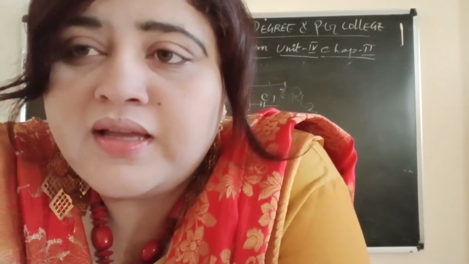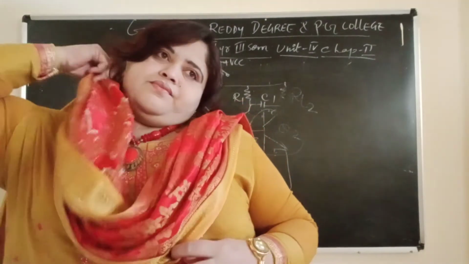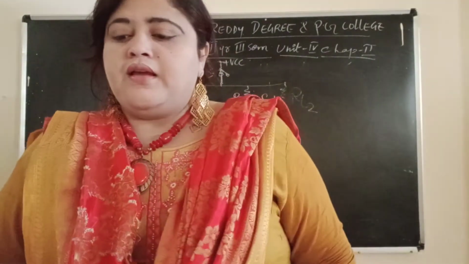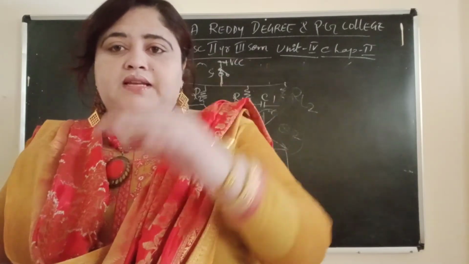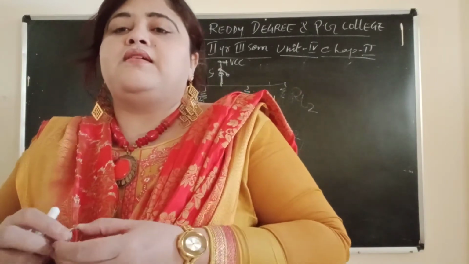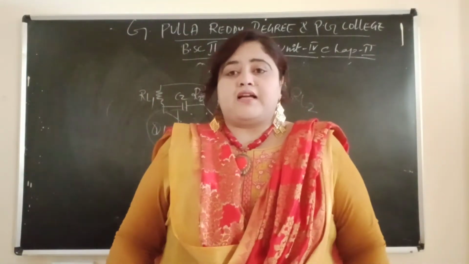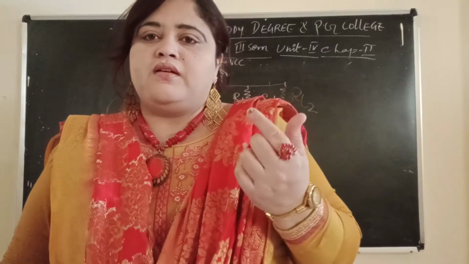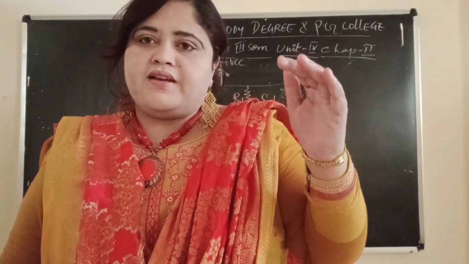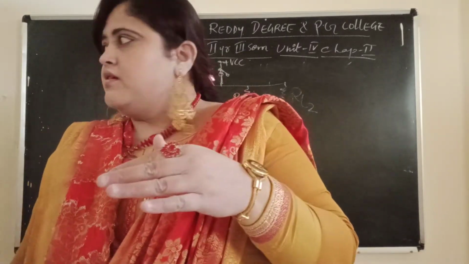When the transistor is off, current will be less and voltage will be high; current will be decreasing and voltage will be increasing. You should remember this situation for all three multivibrators. For saturation, current will be more and voltage will be decreasing. Remember this. Cutoff means the transistor is off, current will be less, voltage will be high.